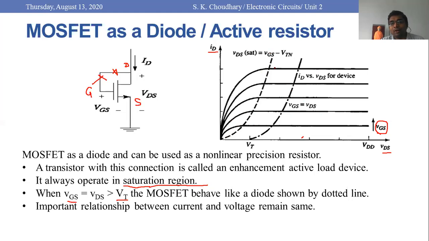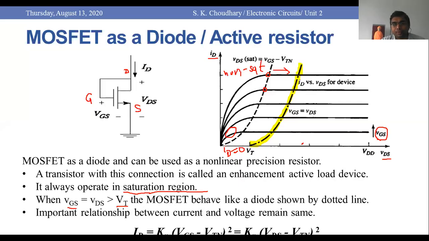For different values of VGS, the transition point is different. Now when you connect the gate with the drain, at that moment when your VGS is less than threshold, your drain current is 0.